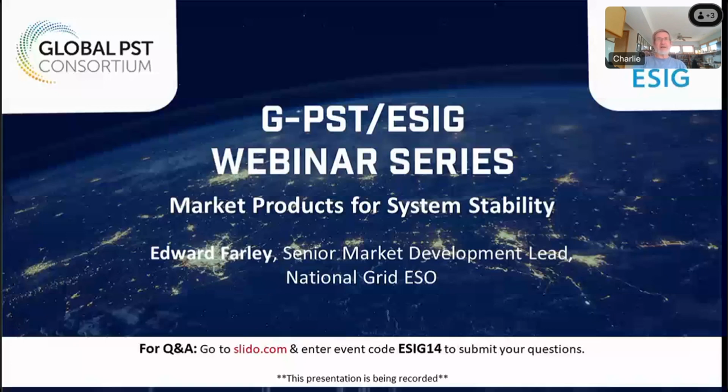Today's topic is on market products for system stability. As you might imagine, with the changing nature of the resource mix and the retirement of conventional synchronous machines with their inherent physical properties like inertia and fault current contribution, this is a topic of increasing interest and importance to the industry. Like other system operators experiencing declining levels of system services from synchronous generation, the system operator of Great Britain, ESO, needs alternative sources of stability services.